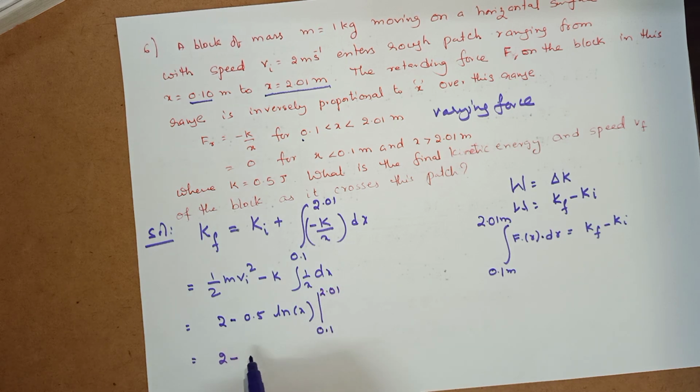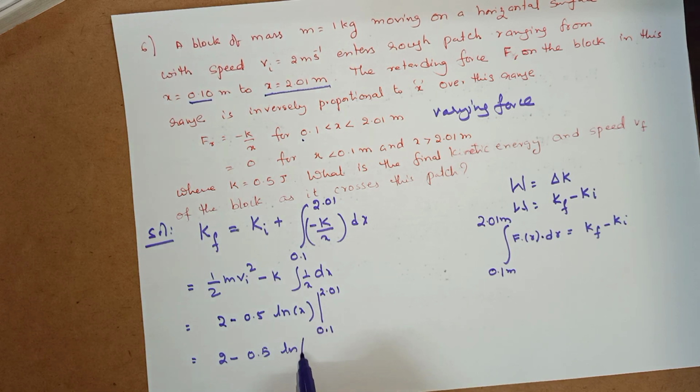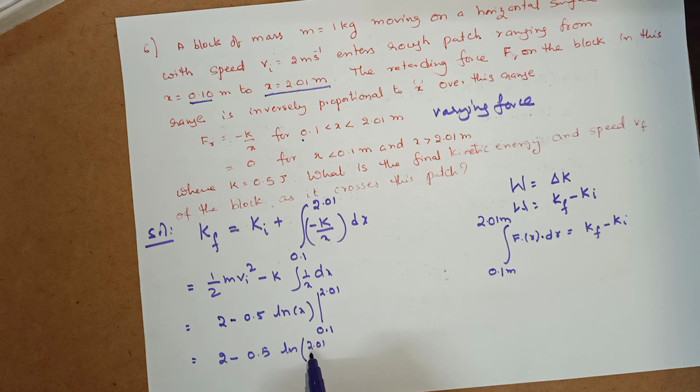So 2 minus 0.5 ln of 2.01 minus ln of 0.1, log m minus log n is log m by n, 2.01 by 0.1.